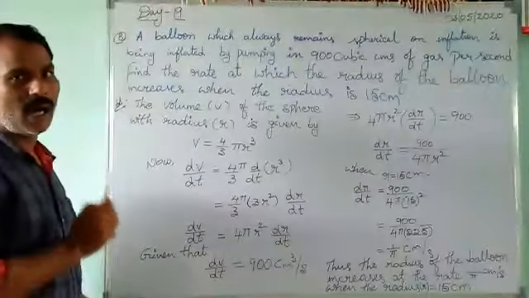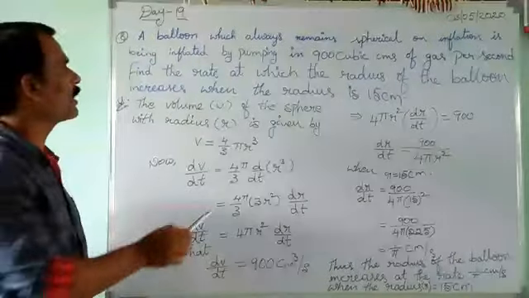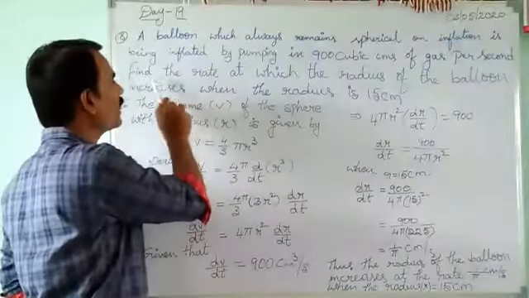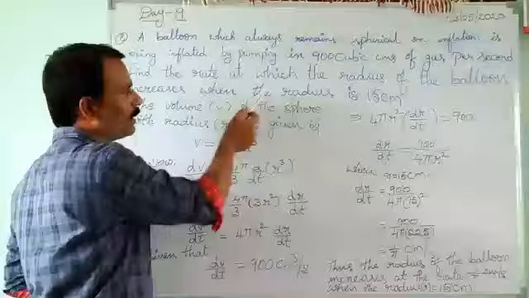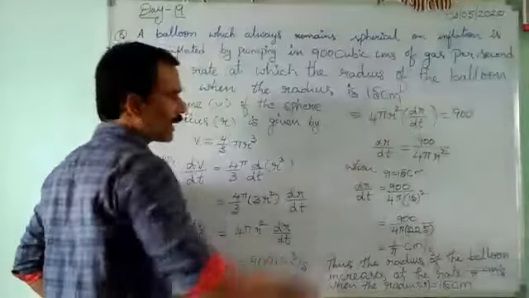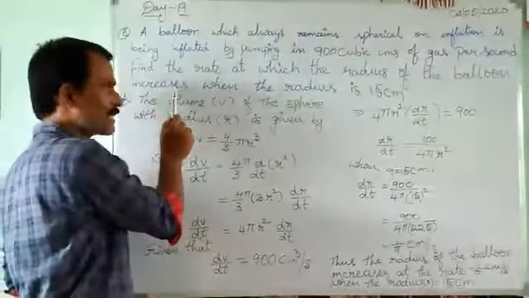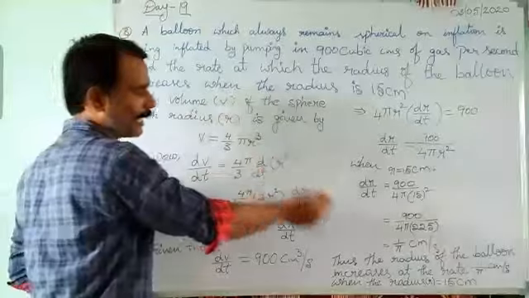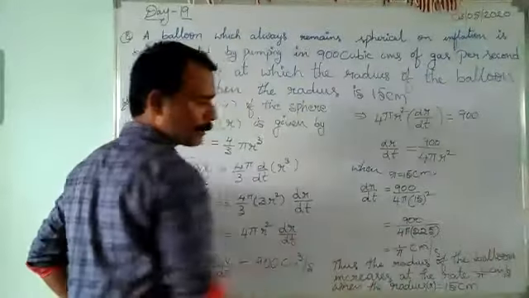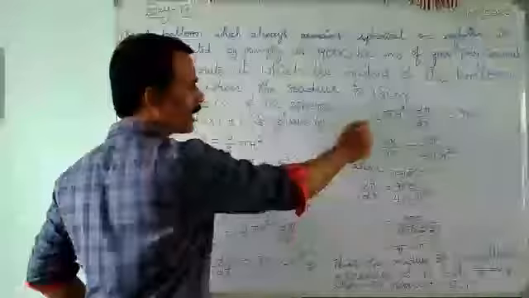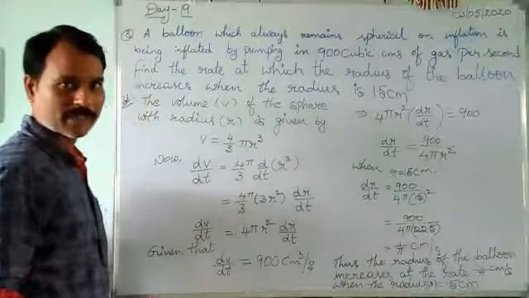Yesterday also I said how we have to write the conclusion statement: check the question and find the condition. Let me find the radius of the balloon. The radius of the balloon increases at the rate of 1 by pi centimeter per second when radius r is equal to 15 centimeters.